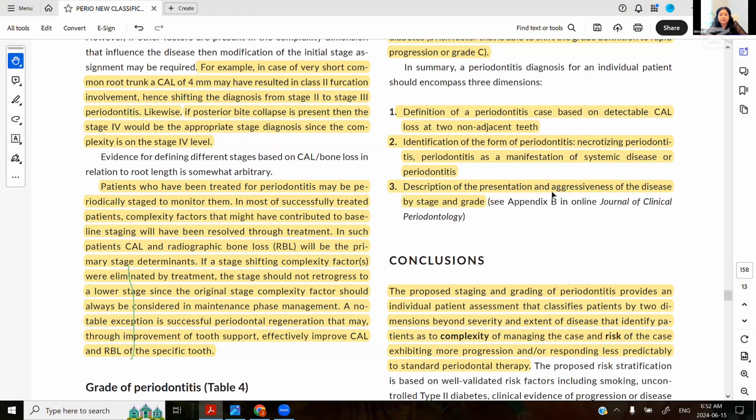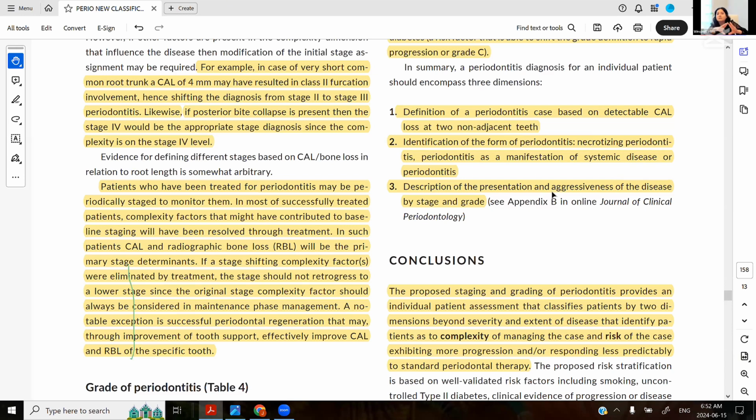So in the summary, the definition of a periodontitis case based on detectable attachment loss should be at more than 2 non-adjacent teeth. That's when the periodontitis will get classified. You should be able to tell beyond the necrotizing periodontitis, systemic disease related periodontitis.